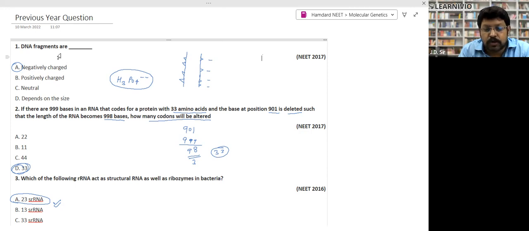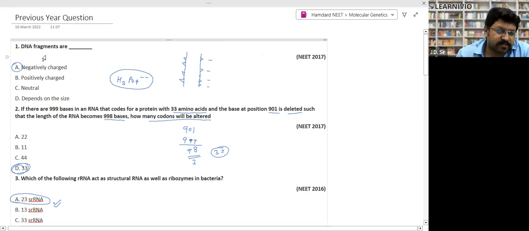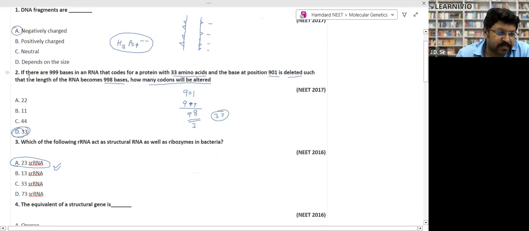Okay. And what about the histone? What is the charge on histone, Iram? We have discussed that as well. Histones are positively charged because of the amino acids. Very good, excellent. So, one more thing.